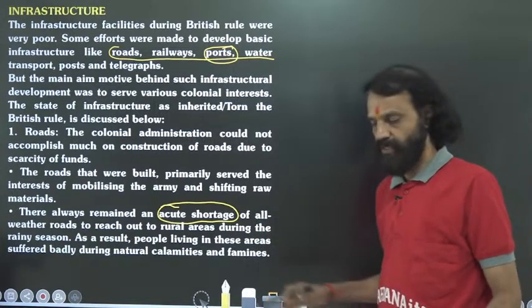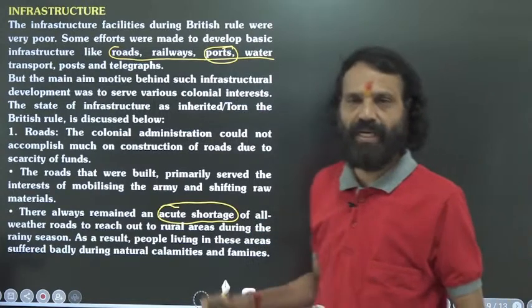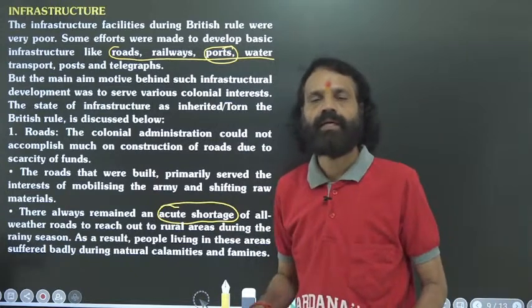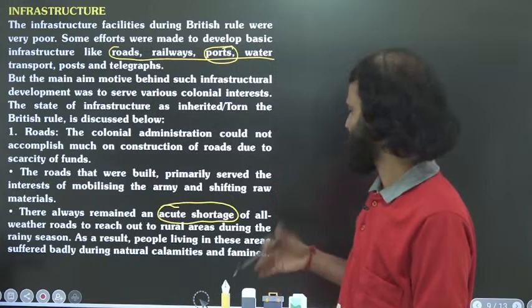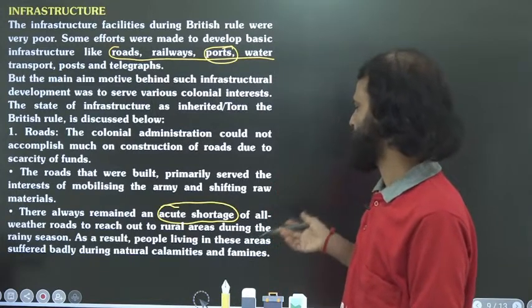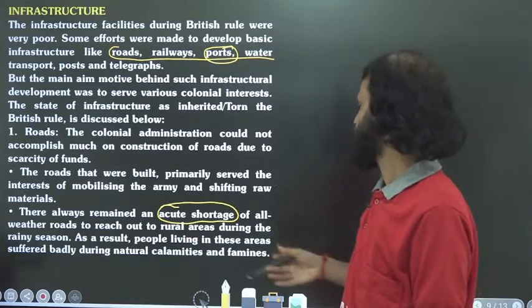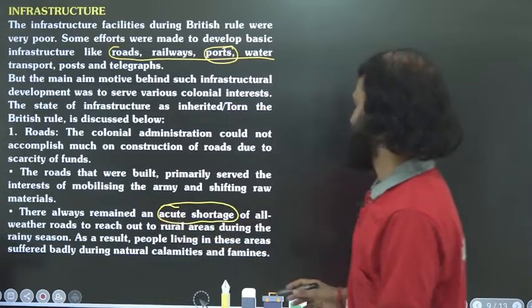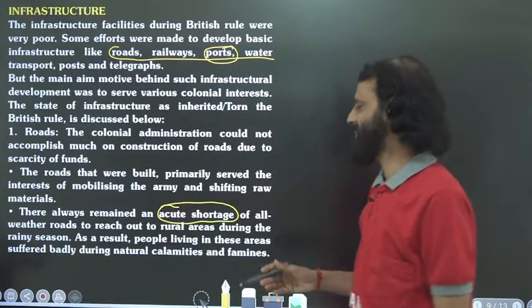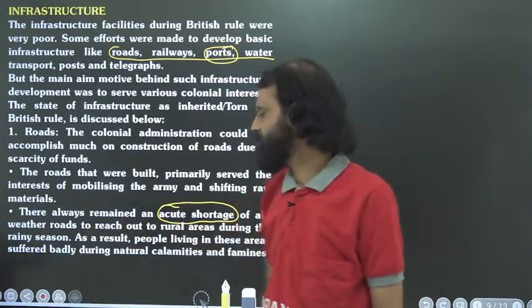There were no good roads in rural areas. Villages were completely isolated away from the cities. There was no connectivity. That is what actually there was, an acute shortage of all weather roads to reach out to rural areas, especially in the rainy season.